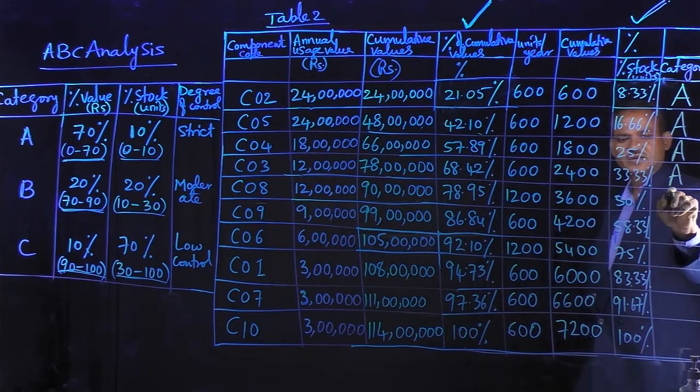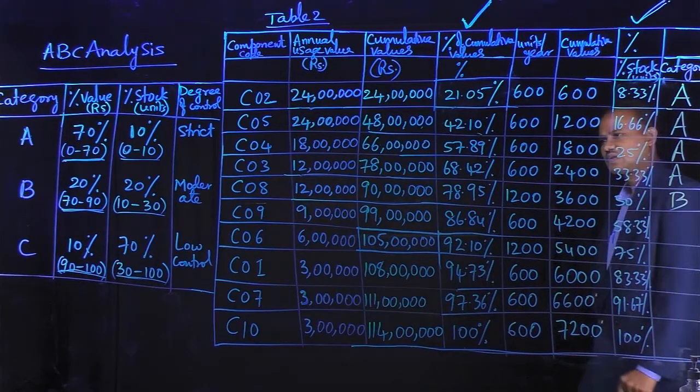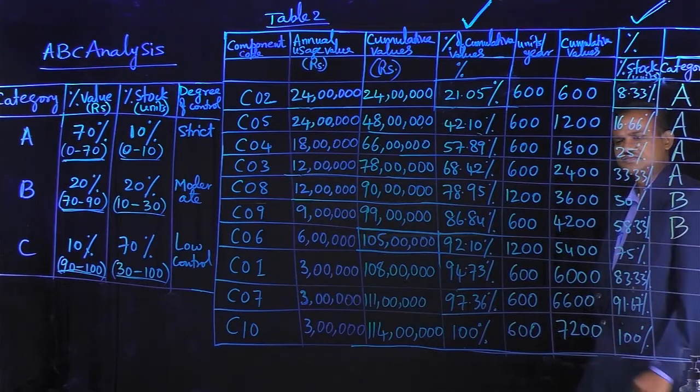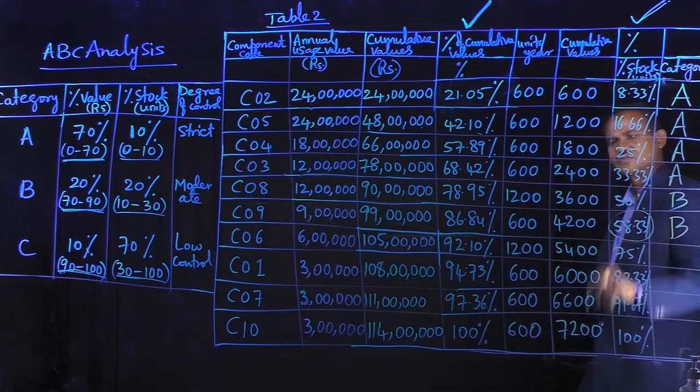It comes under B category. Next C09, 86, and this is 58. B category. Forget about the stock of items.